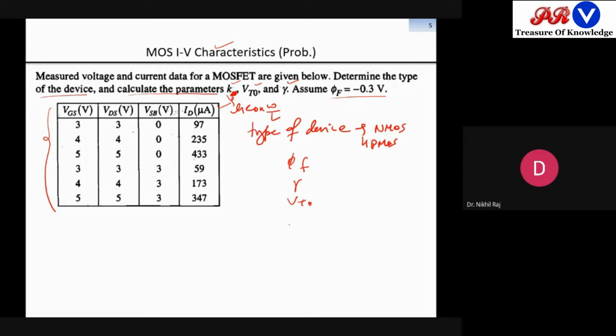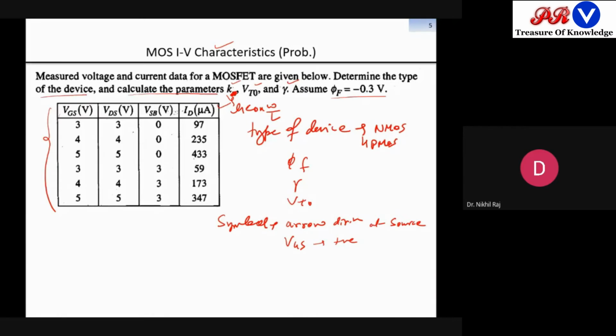Else, the arrow direction at the source. What is the arrow direction at the source? From this symbol we can determine it. And lastly, we can determine it by looking at the VGS value. If VGS is getting a positive value, then it is NMOS.